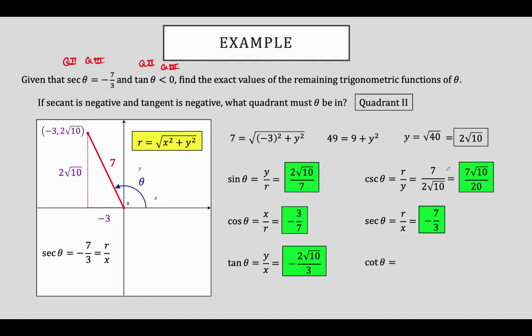And cotangent of theta, the reciprocal of tangent, that's x over y, that is going to give us negative 3 over 2 root 10, which we can then rationalize any radicals in denominators by multiplying by root 10 over root 10. We get negative 3 root 10 divided by 20. All right, so there's how we can use the information of which quadrants have positive or negative trig functions to help us in evaluating trig functions of any angle.